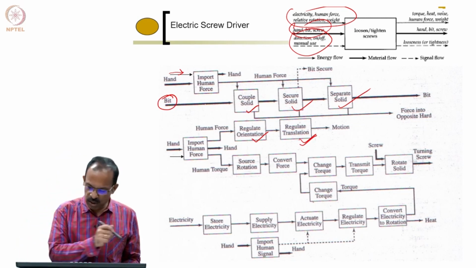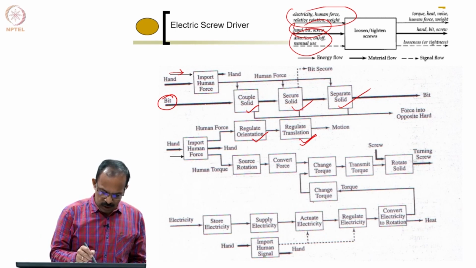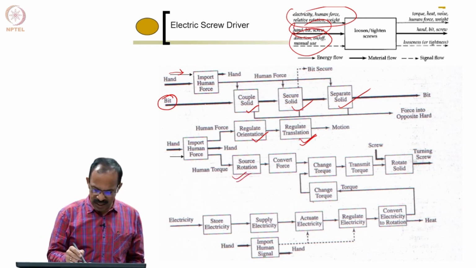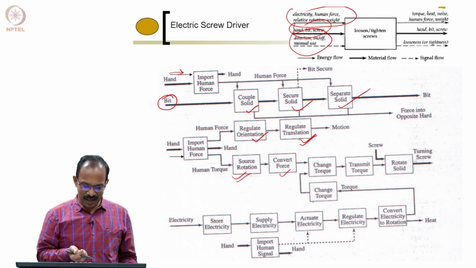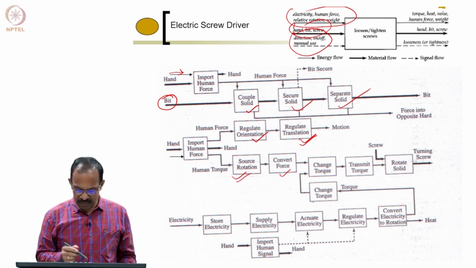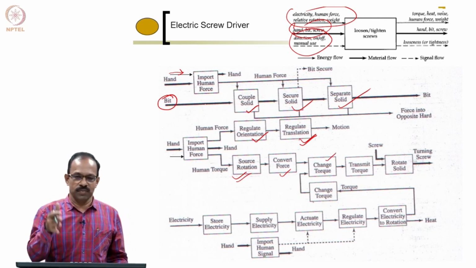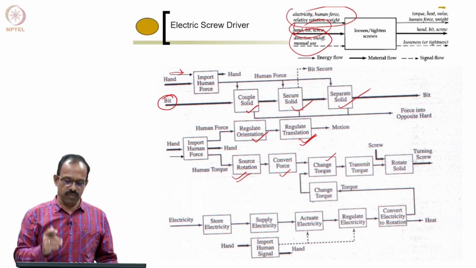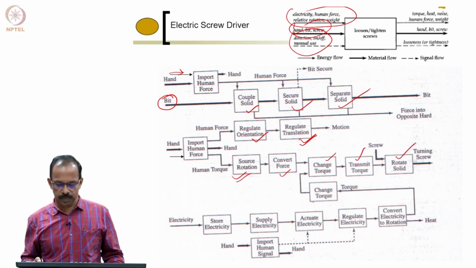That is basically regulate translation. Then the human torque will be used for source rotation and convert the force, because we need to rotate it. Then you change torque, that is for the clockwise or anti-clockwise direction, then transmit torque and rotate solid.